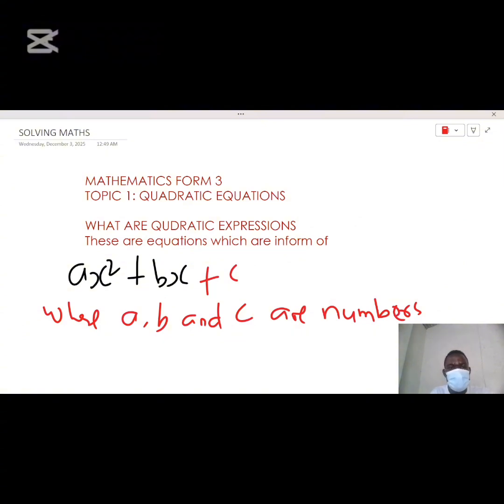Let us now look at the components of quadratic expressions. The components of quadratic expressions are very simple.